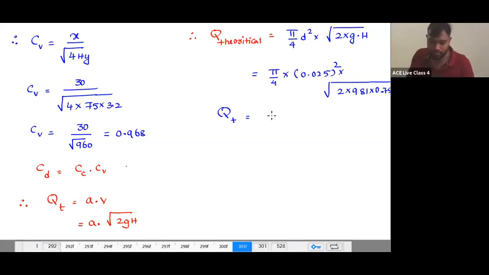After solving this, you are going to end up with the answer, so I'm giving it to you directly: 1.883 into 10 to the power of minus 3 meter cube per second.